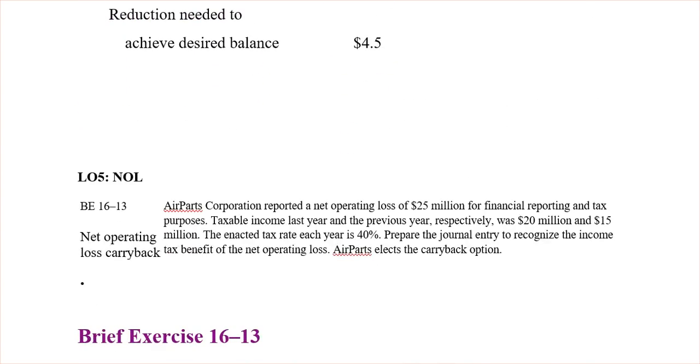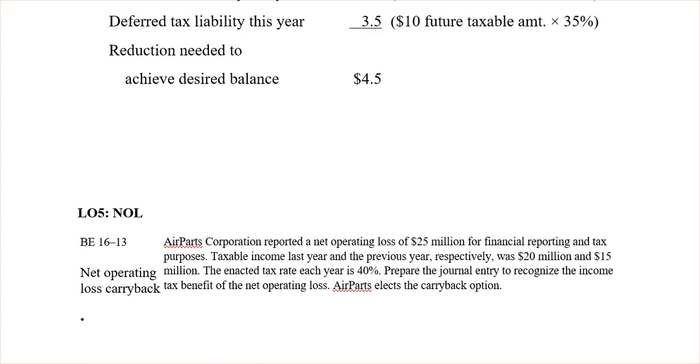Here we have a net operating loss of 25 million, and it happens to be also the same loss on their taxes as on their financial reporting. And in the previous year they had taxable income of 20, and then the year prior to that, I guess they had 15, and they had a 40% rate.